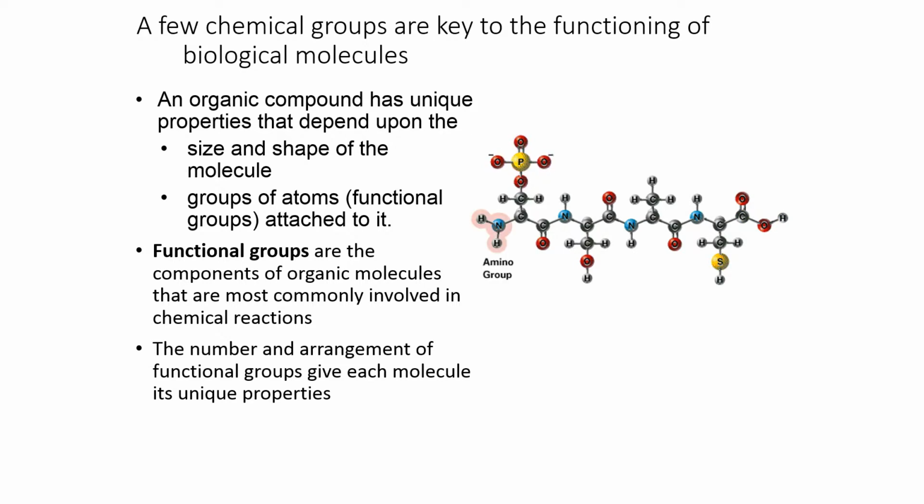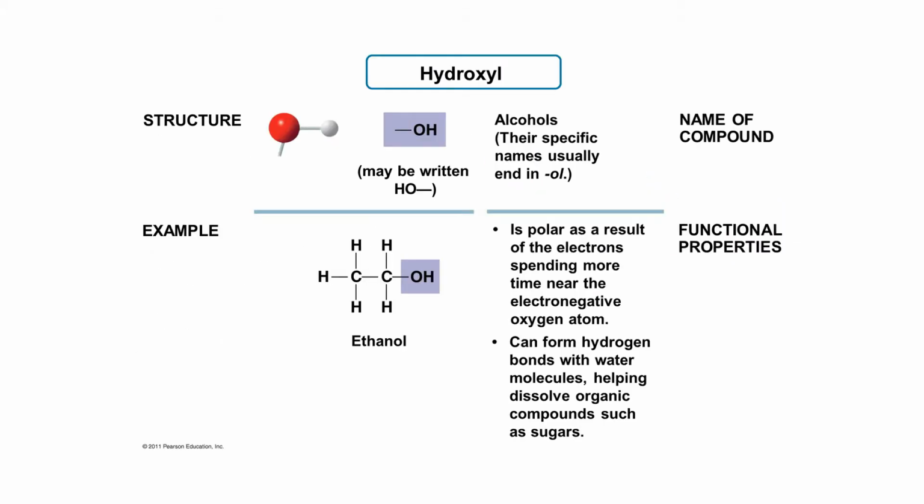Alright, so the forming and breaking of bonds. Alright, so we're going to walk through each of the types of functional groups. Alright, so you're going to want to familiarize yourself with the name of the functional group, what that chemical group looks like, and its key properties and characteristics.